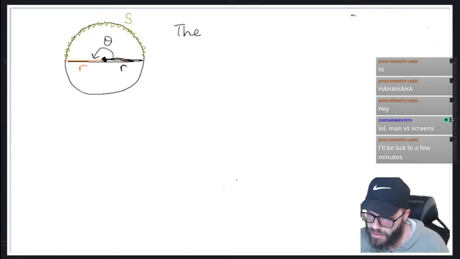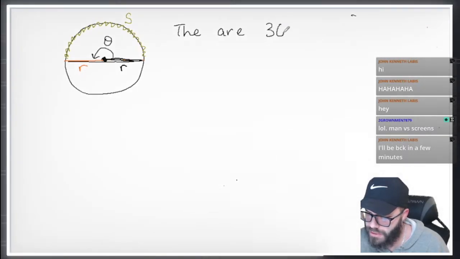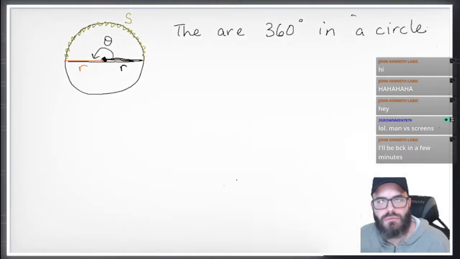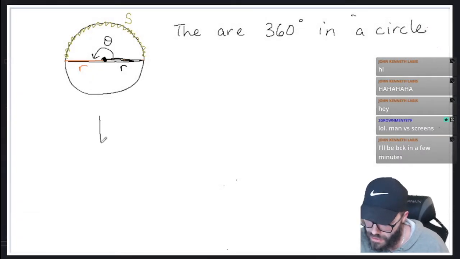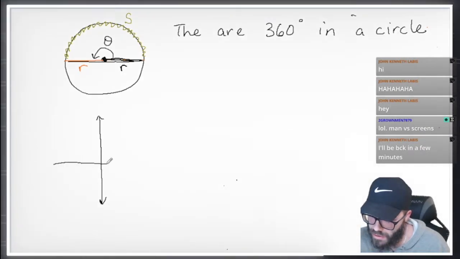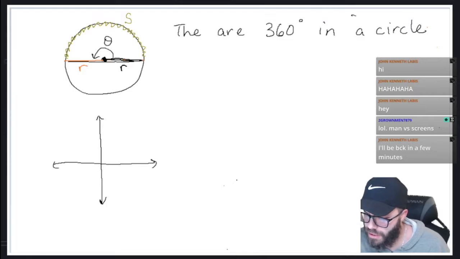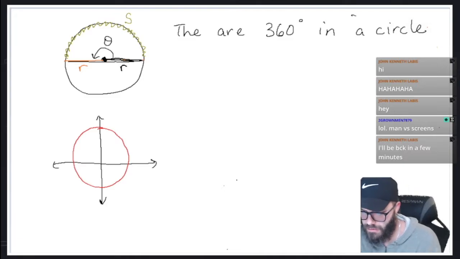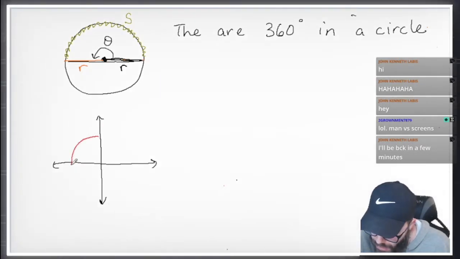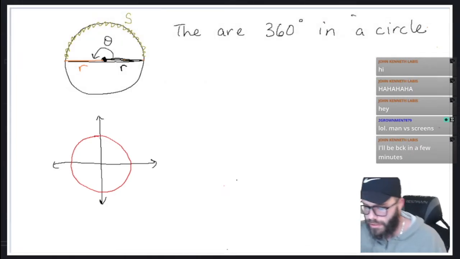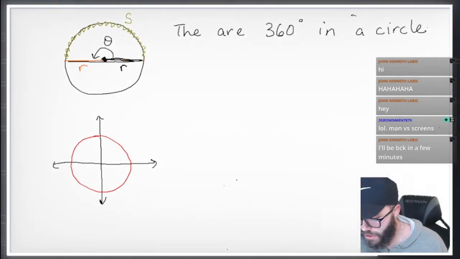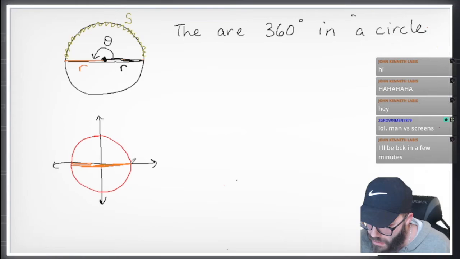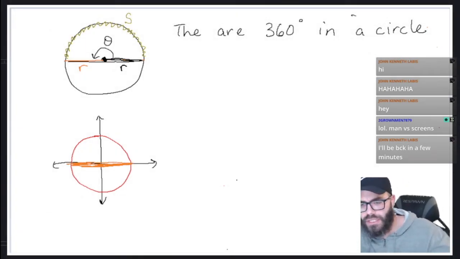There are 360 degrees in a circle. So if I were to put this circle on a coordinate plane, and label the diameter, which is going to be the x-axis here, the diameter is a straight angle.